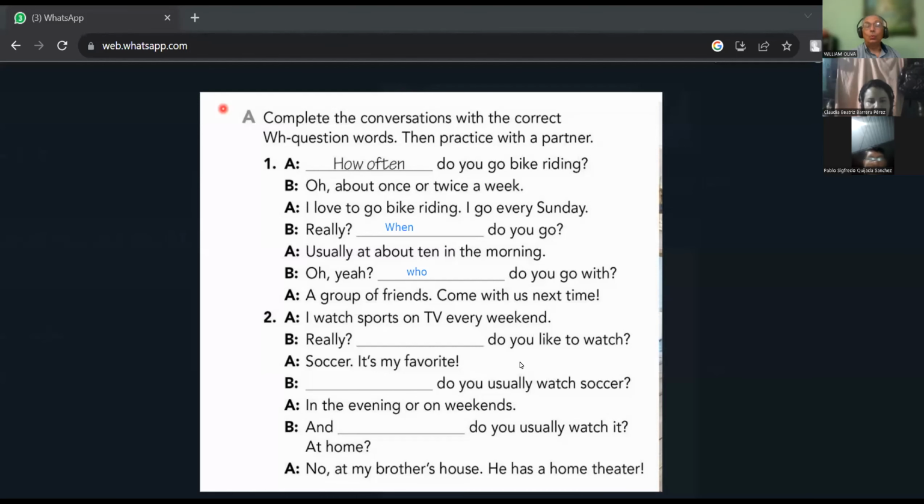¿Cuándo ves? ¿Cuándo? Well, who? Like to watch, sería, where do you like to watch? ¿Cuándo? Watch. Quiero ver. Really? ¿Cuándo? La respuesta, soccer is my favorite.